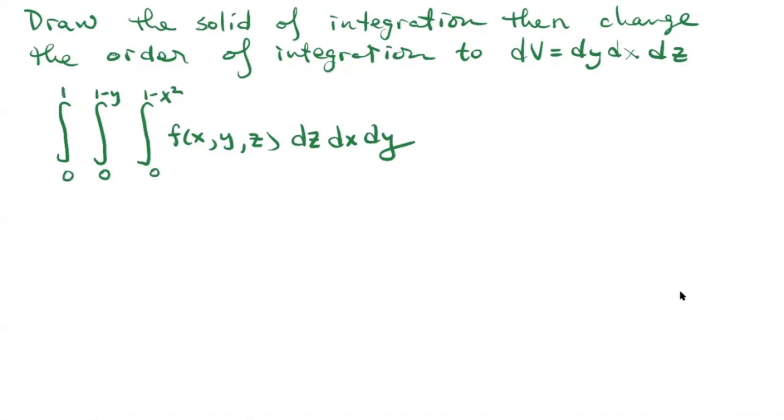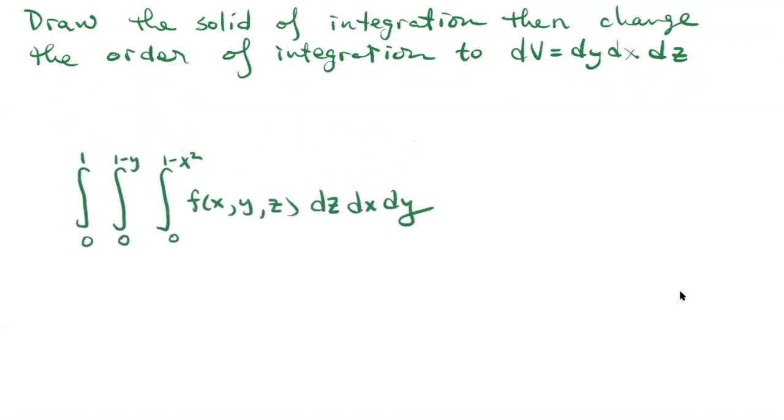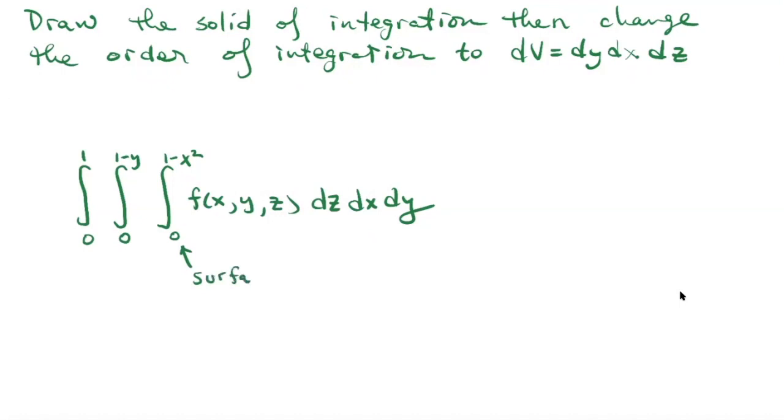Okay, and I think I'm going to bring this down and make some space that I can write. Okay, so you have to remember that the innermost limits are surfaces. So down below, that's a surface, z equals 0, which is the xy plane. Okay.